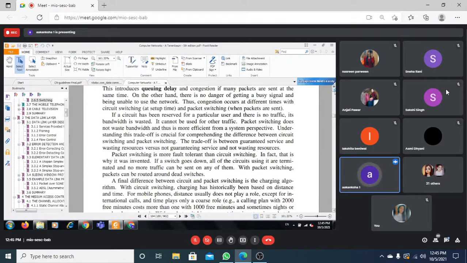It doesn't matter if you are sitting at Visakhapatnam or you're sitting in Jammu and Kashmir, wherever you are sitting, the phone calls will have the same charges. So it does not play a role except for international calls. अगर आप ISD करते हो तब उसमें फ़ोन कॉल्स ज़्यादा महंगे पड़ते हैं, and the time plays only a small role, क्योंकि ज़्यादातर आप कॉलिंग प्लान के साथ मोबाइल सिस्टम्स में चलते हो. तो these mobile phones are all based on the concept of packet switching.